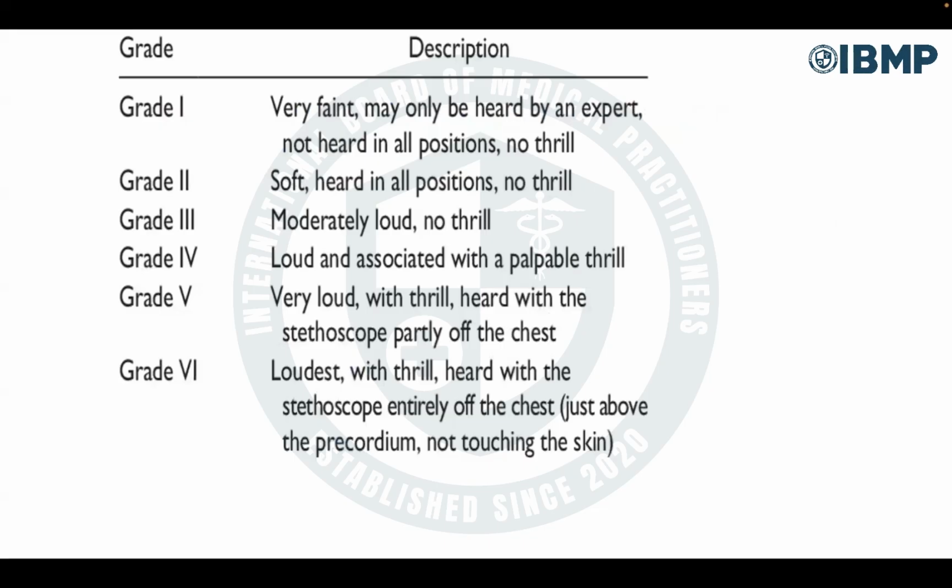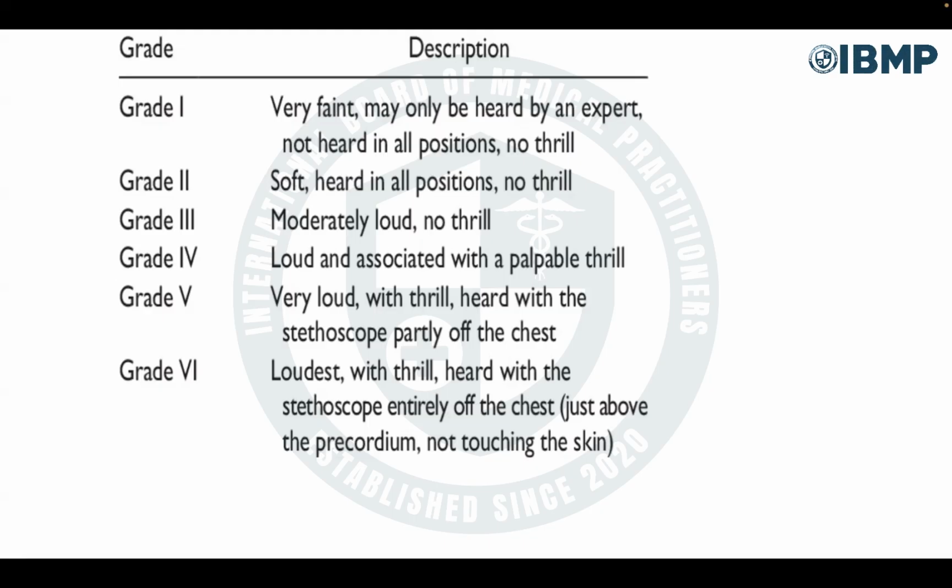Moderately loud with no thrill is grade 3. Moderately loud with thrill is grade 4. So 3 and 4 are the exam questions. Grade 3, grade 4. Moderately loud, no thrill is grade 3, and if there's a thrill, that will be grade 4.